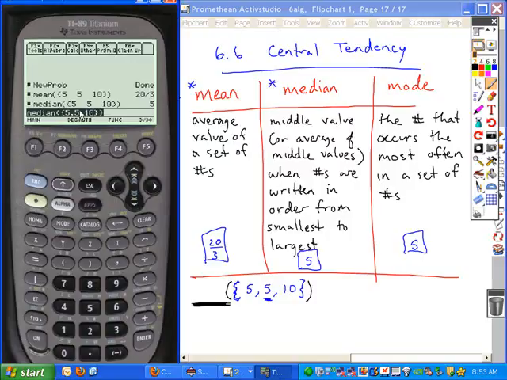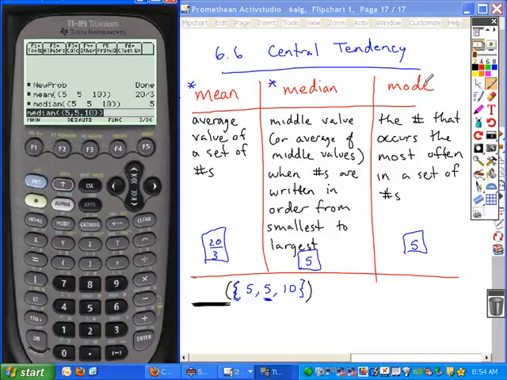You can just write the set that's provided for you, and it'll do that as well. The only thing that you have to do manually would be find the mode, and that should be easy to do. You're just looking for the number or numbers that occur the most frequently. It is possible to have multiple modes. If there are several numbers that appear multiple times, then each of those would be considered your mode.